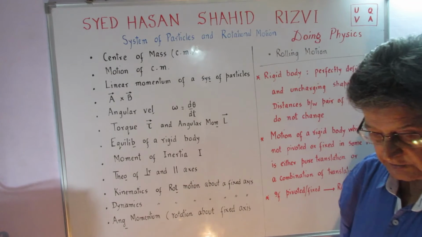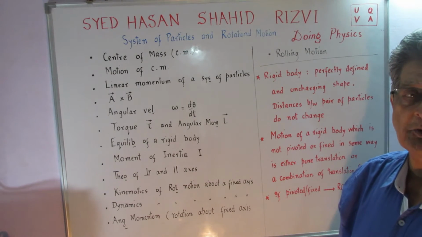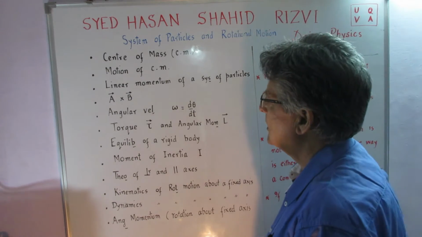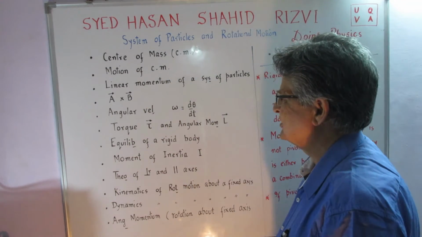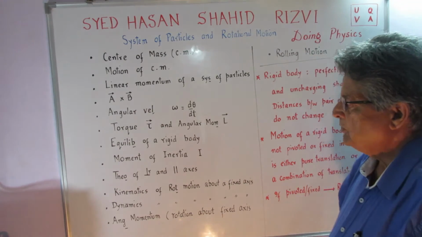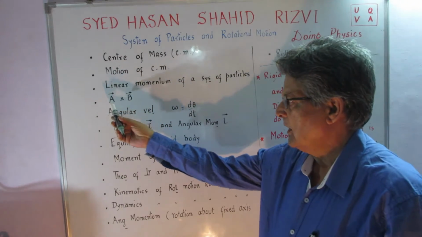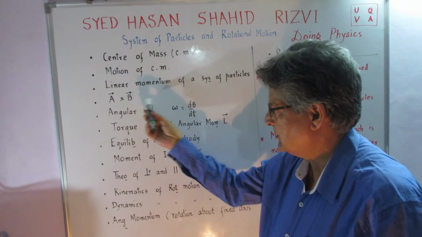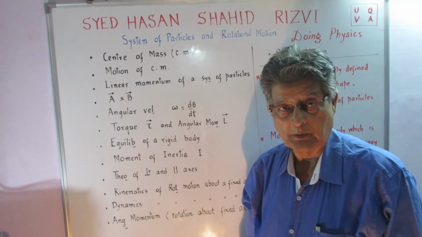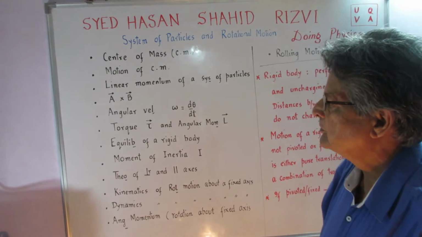That is, the vectors P1, P2, P3, P4 all combine together to give the total momentum of the system of particles. Next item, which we have done already, is the vector product of two vectors, which will be used here occasionally.